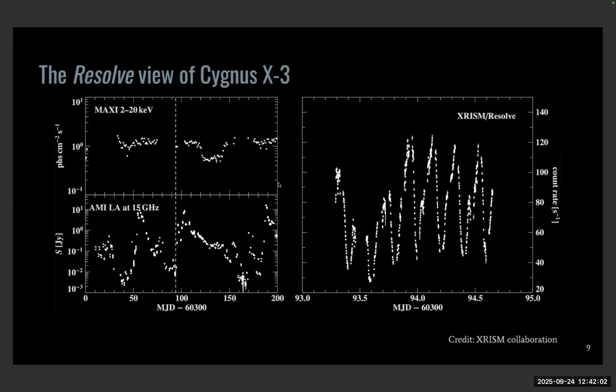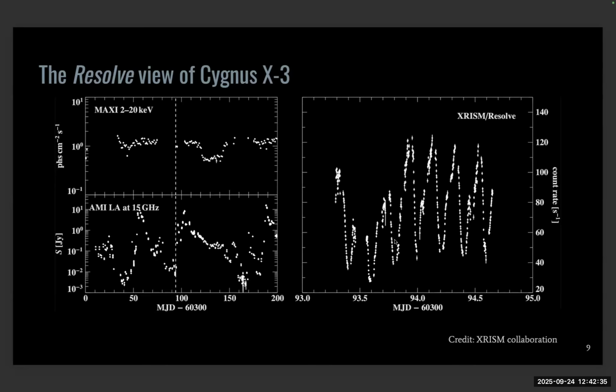But like I said, the system is in a very close orbit, and here on the right you can see the XRISM light curve of the system. The whole XRISM observation spanned about 7 orbital cycles of the system. So each of these peaks basically just shows you the orbital modulation of the system.